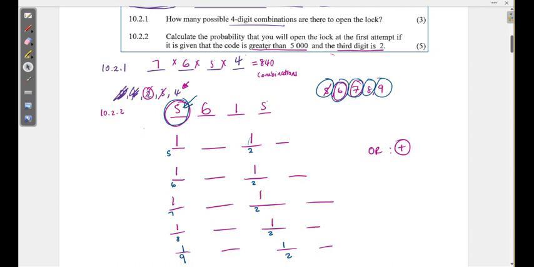And once there's a 3 or 4, is that number going to be greater than 5,000? It's not. So that's what you must always face, especially for problems that we're going to talk about, smaller than or greater than. That is what you must always try to look out for. Okay? Is that okay?